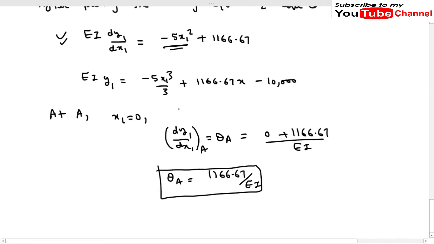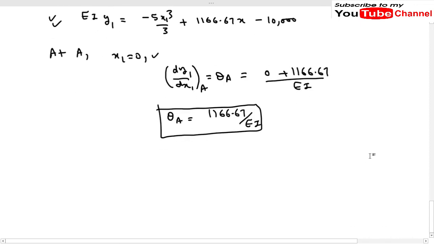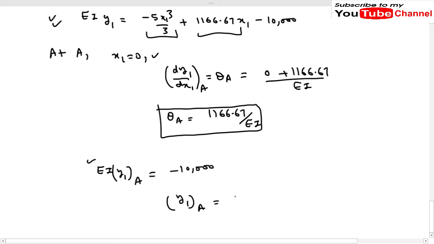Similarly, we will put the value of x1 is equal to 0 in this equation to find out the deflection at A. So it will become EI y1 at A. This term will become 0 and this term will also become 0 because x1 is 0, we will only have the term minus 10,000, so y1A, or you can write it as deflection at A, is minus 10,000 divided by EI.